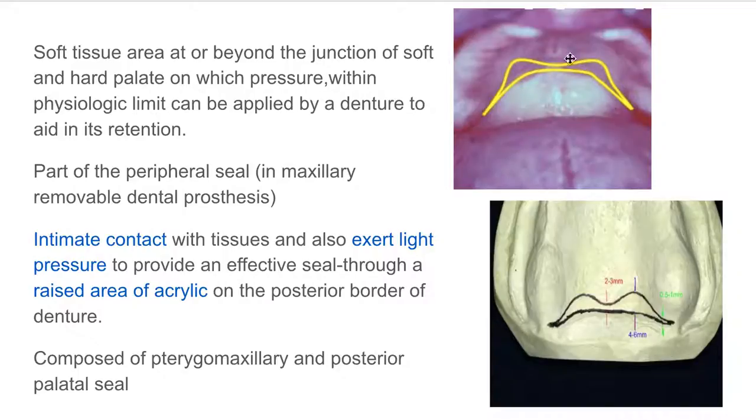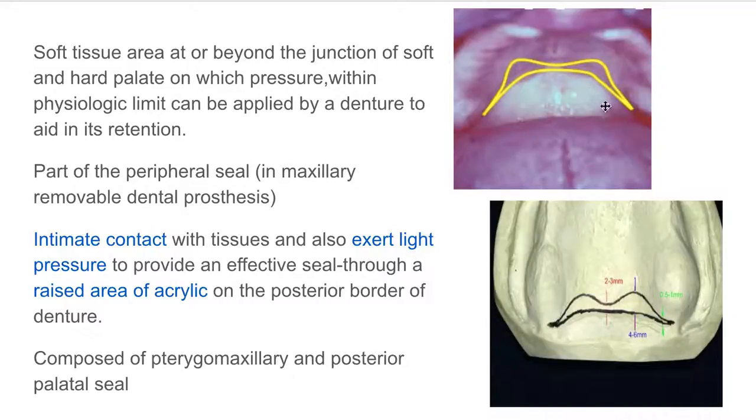Here, the posterior part of the denture not only has to have intimate contact with the tissues but also exert light pressure in order to provide an effective seal.